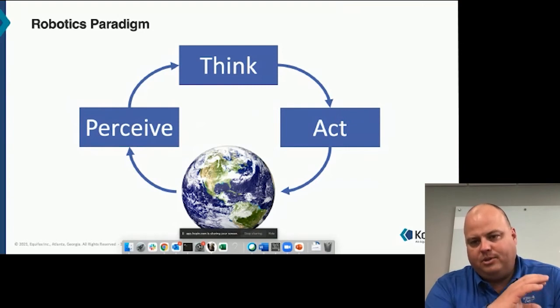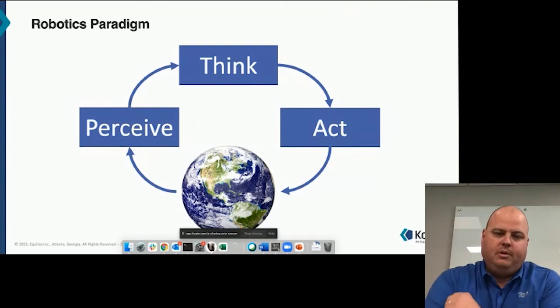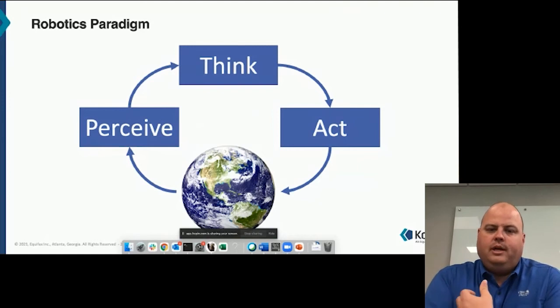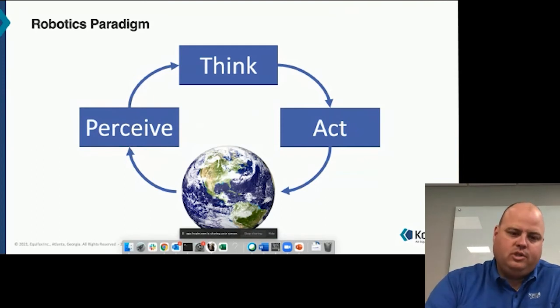It's not just a simple stimulus response. And then you take actions, and those actions affect the world, which then changes the perception of the world. So this means things like arms that are doing manipulation, or a car that you're driving around. These are places where there's action, and then the perception is going to change because the world has changed.